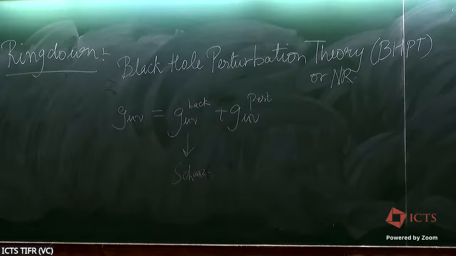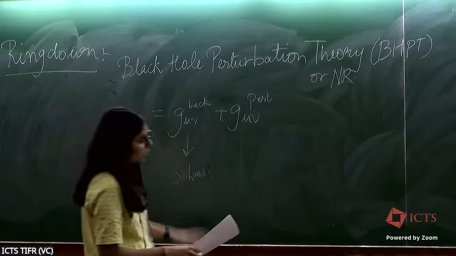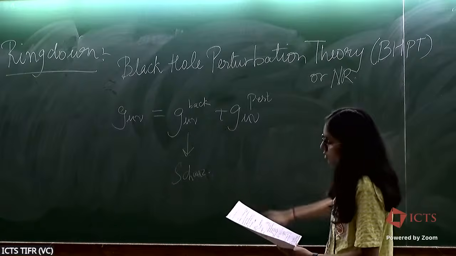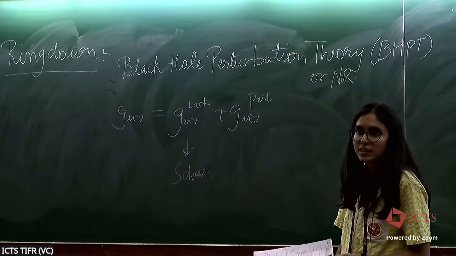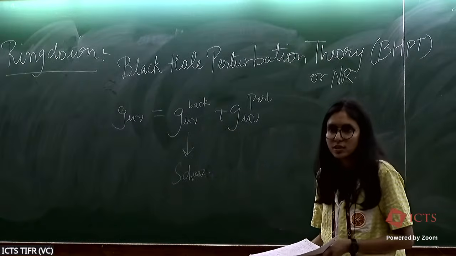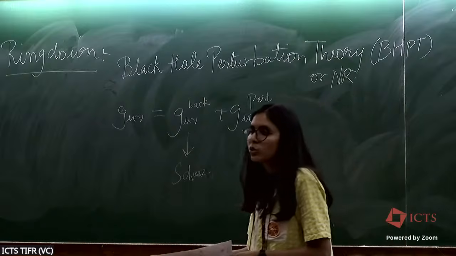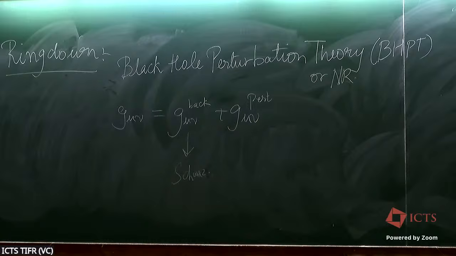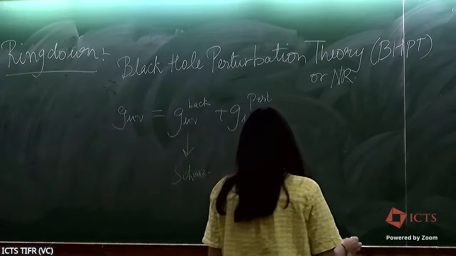So for QNMs or for black hole perturbation theory as well, when we try to find the equation for this, it's also Regge-Wheeler-Zerilli type, but without any source present on the right side now, because we do not want to see the effect of the source. We want to just observe how the black hole is ringing down. So the equation is basically this.